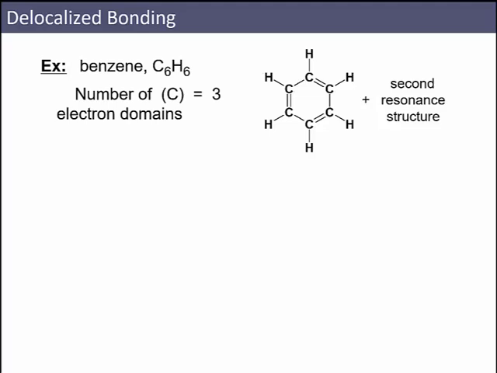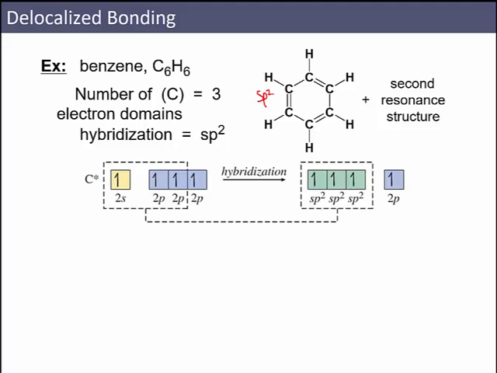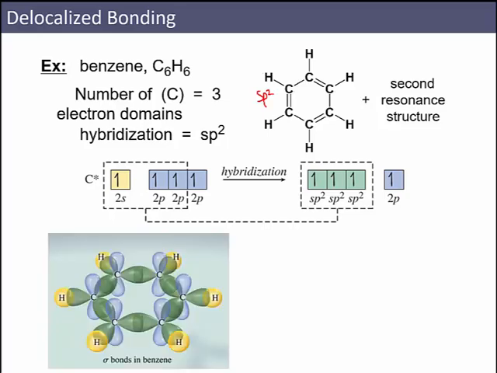Looking at our carbons, these are going to be sp2 hybridized, because I've got 3 things and I'm going to need 3 orbitals. So we're going to take some of our carbon and hybridize 3 of our orbitals to get some sp2 hybrids. We will have some left. This is going to be our sigma bonds between carbon and carbon and carbon and carbon, and also between the carbons and the hydrogens.